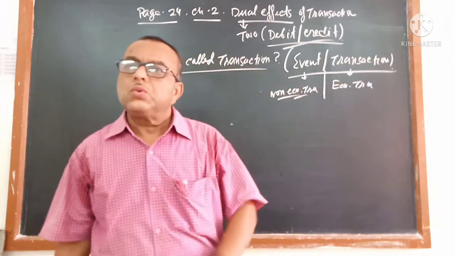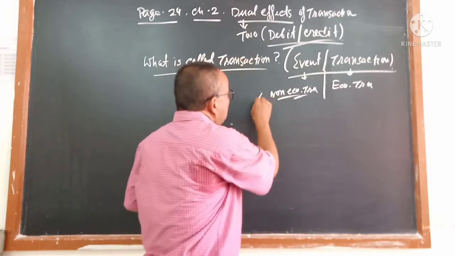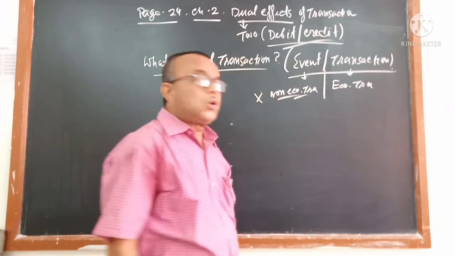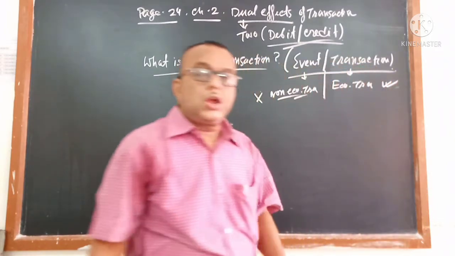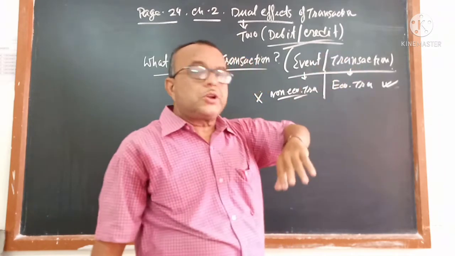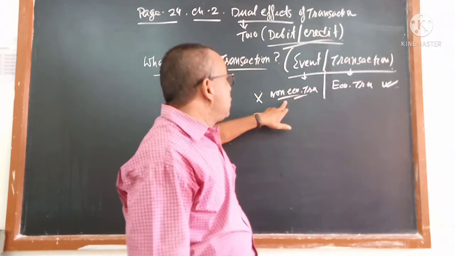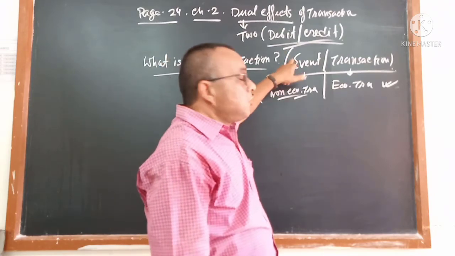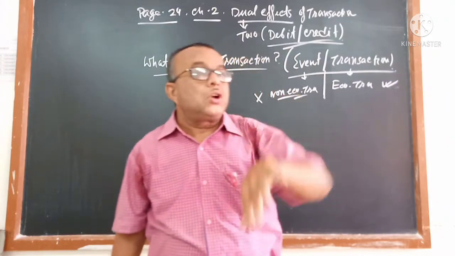That means we are not going to write non-economic transactions in our accounts book. We are going to write economic transactions. From the economics point of view, it is called economic transactions. From the accounts point of view, it is called transactions. From the economics point of view, it is called non-economic transactions. From the accounts point of view, it is called event. So what is an event? That is a non-economic transaction.